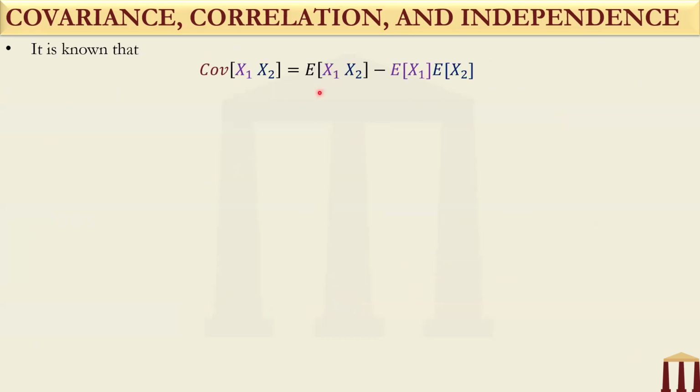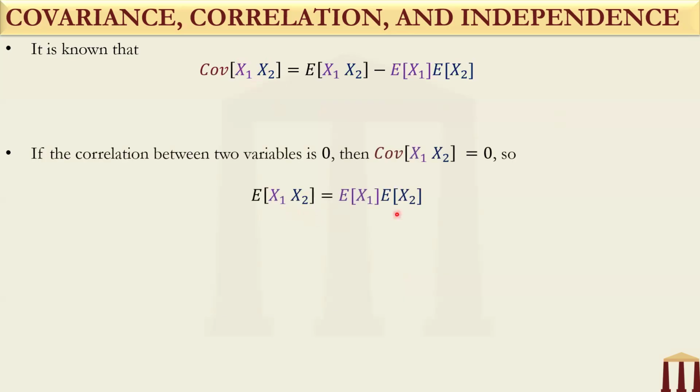Okay, so covariance, we've already seen this is the covariance. Also, if the relation between the two variables is 0, the covariance of course is 0. So if two variables are independent and you substitute 0 over here, guys, will you get this?